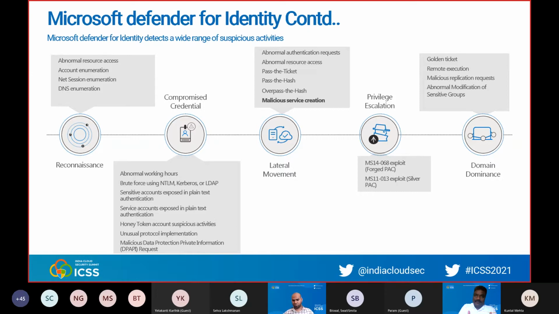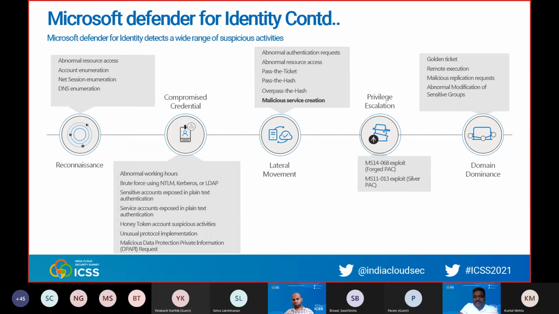But if anything happens in the weekend, for example, an unexpected request is going for the domain credentials or the other servers or any application servers internally, then definitely Microsoft Defender will highlight a red flag to the security admin in the portal with the alert.